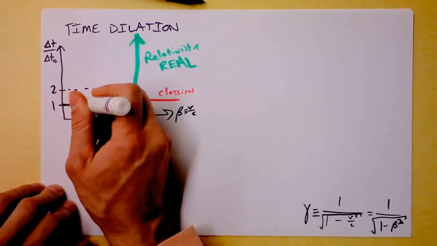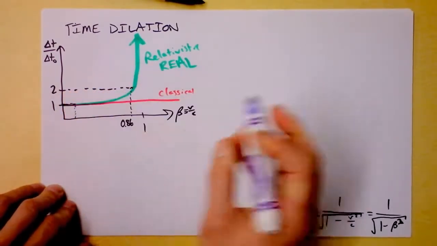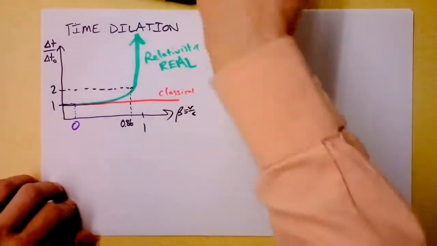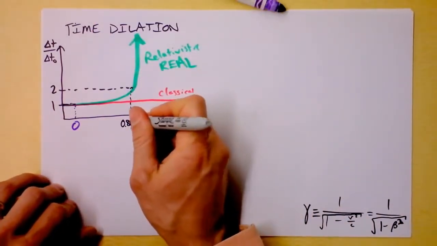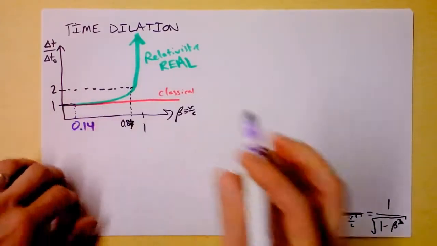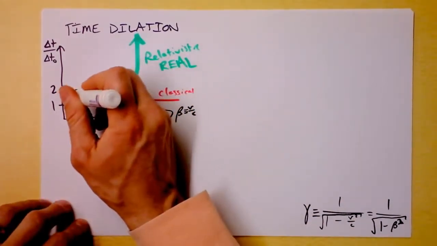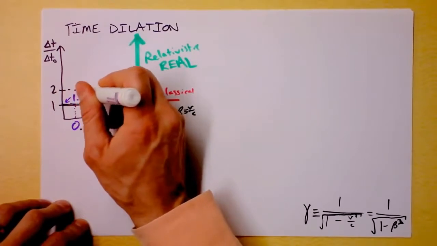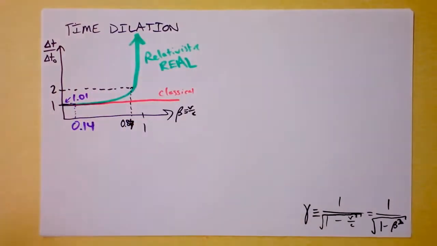So I'll put a dotted line over here. It turns out it's about right there. Very hard to see at, oh, sorry, this isn't 86. It's supposed to be 87% the speed of light. And here at 14% of the speed of light, we get a very slight increase, and I'll put an arrow to that and say it's 1.01. That's where I would say the onset of relativistic effects begin.